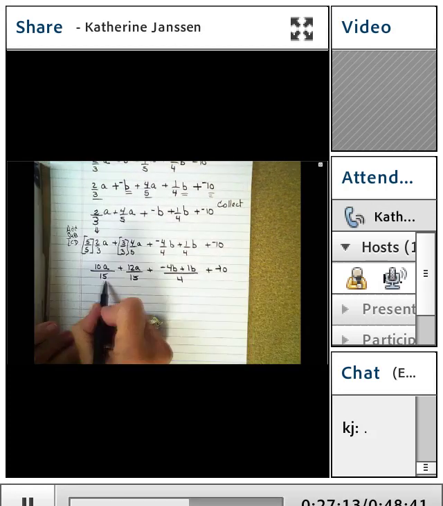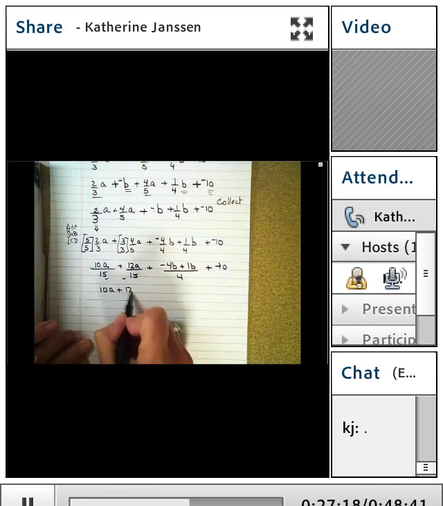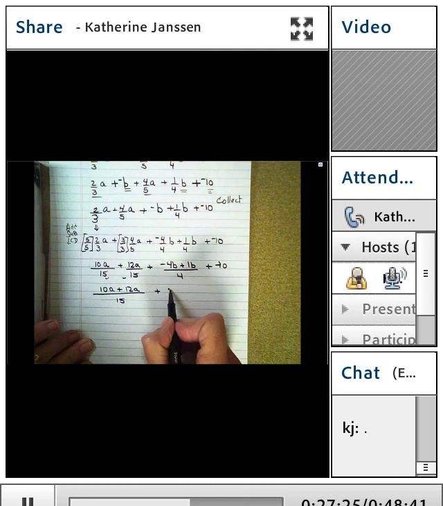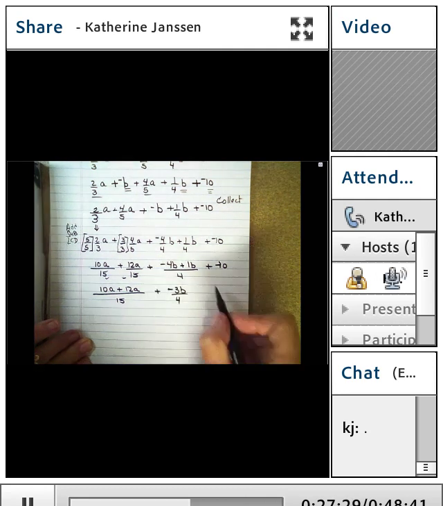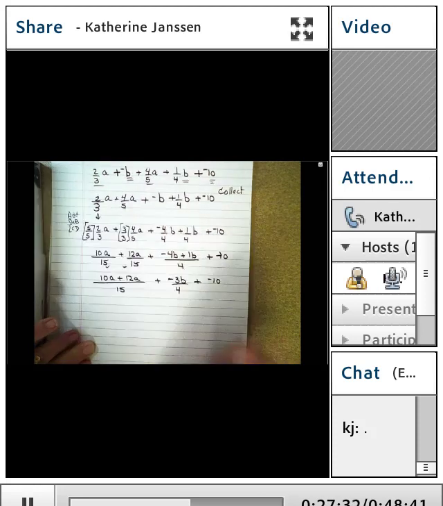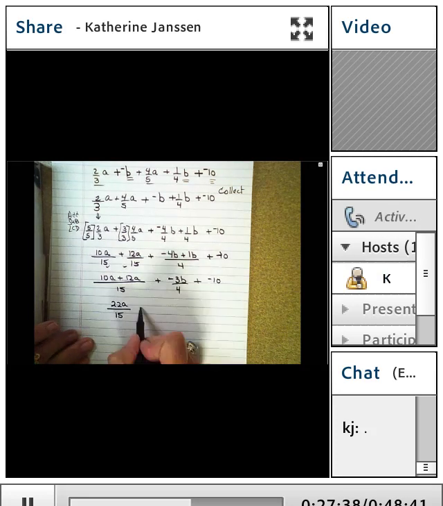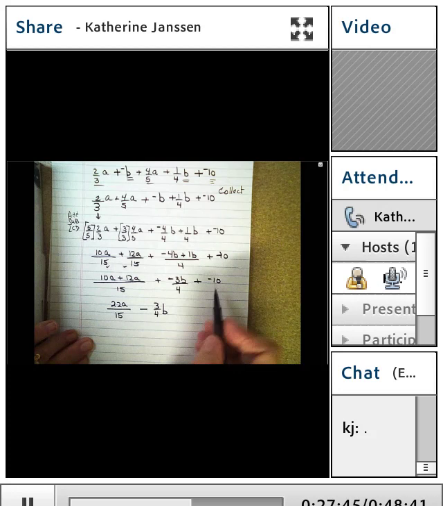Now this is my common denominator 15, 10A plus 12A all over 15 plus a negative 4B plus 1B would be a negative 3B over 4. And this is plus a negative 10. Here I get a 22A all over 15. This is plus the opposite, so it's subtract 3/4 B. And this is plus the opposite, so it's subtract 10.